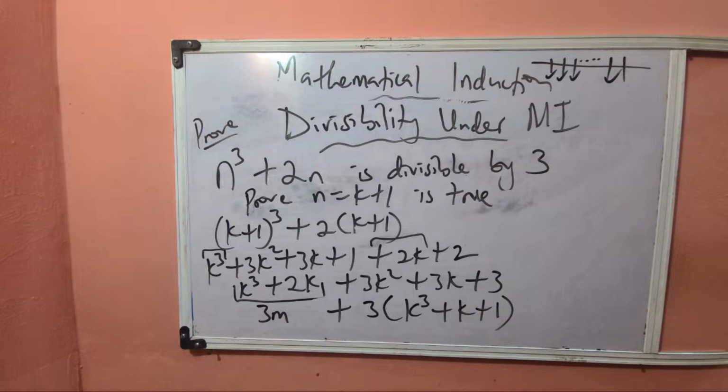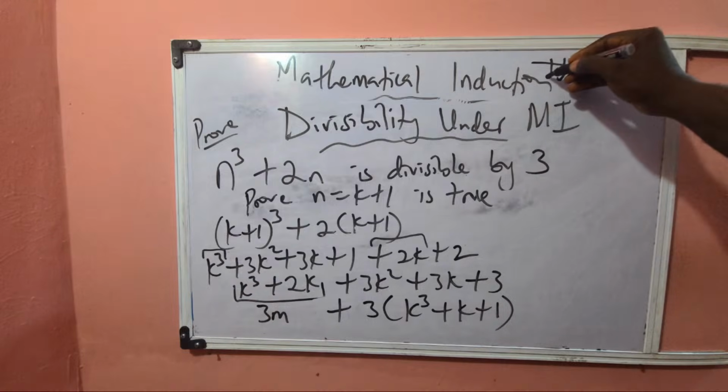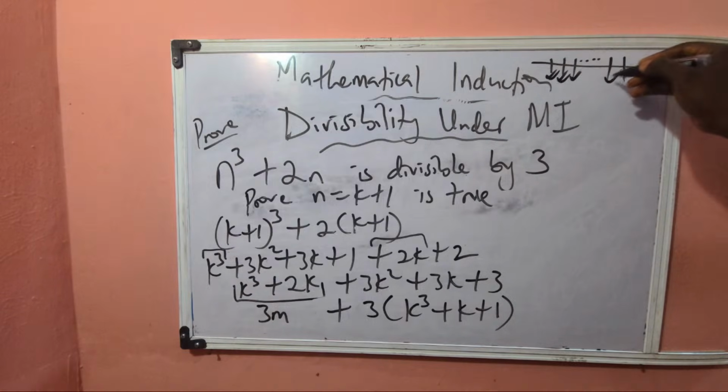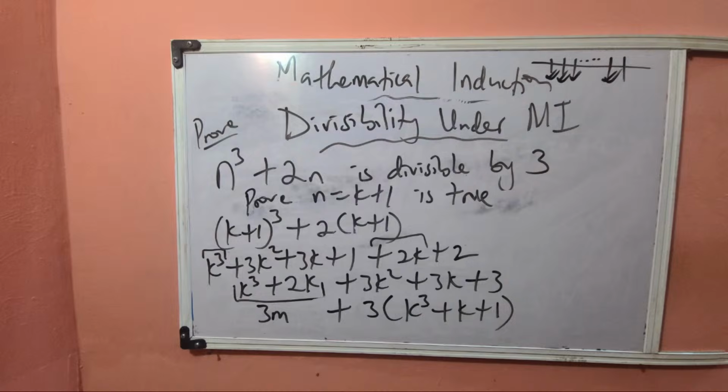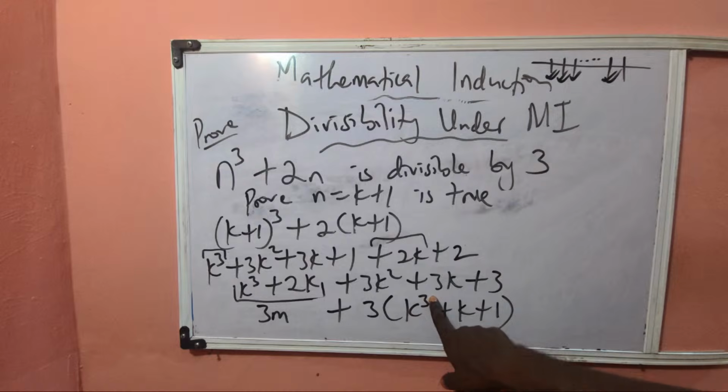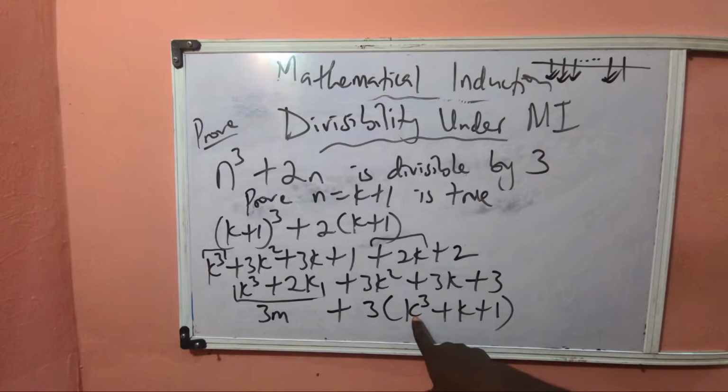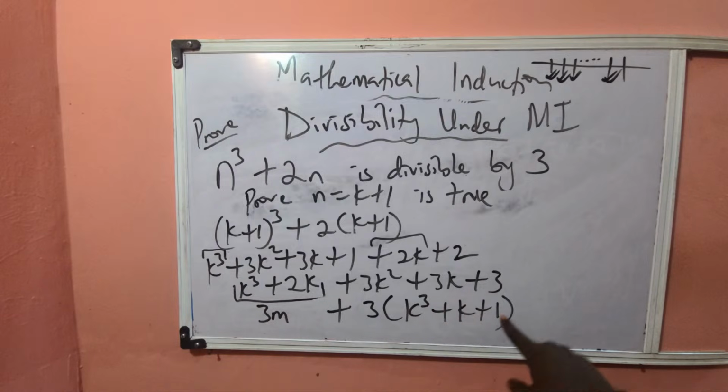You know why? Don't forget, k is an integer because we're moving. We said n was 1, n was 2, n was 3. So obviously k was an integer. So let's say k was, I don't know, 152 for instance. Whatever you do with 152, if you cube 152 and add 152 plus 1, it will give you a whole number integer also.